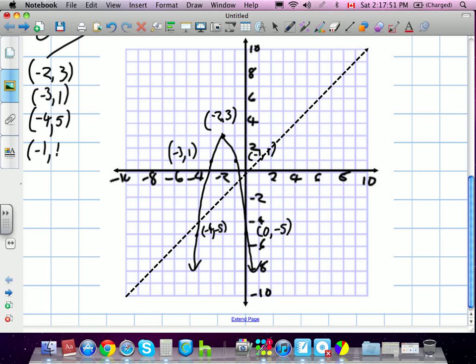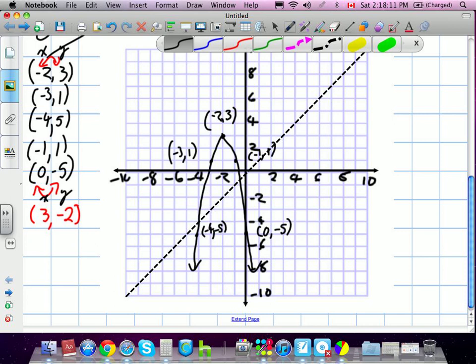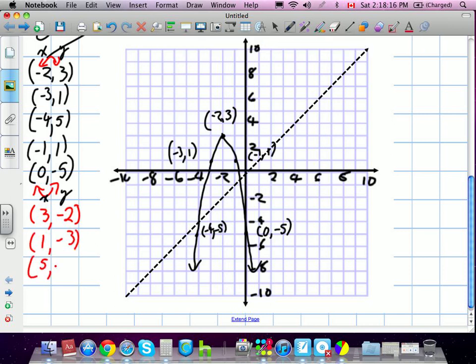Now, if we were to invert all of these, so we switch all of them over, we'll get our new function. So in other words, we do 3,-2. Of course, these are our x and our y values, so we switch the x and y's now. So now the x is 3, the y is -2; 1,-3; 5,-4; 1,-1; and -5,0.